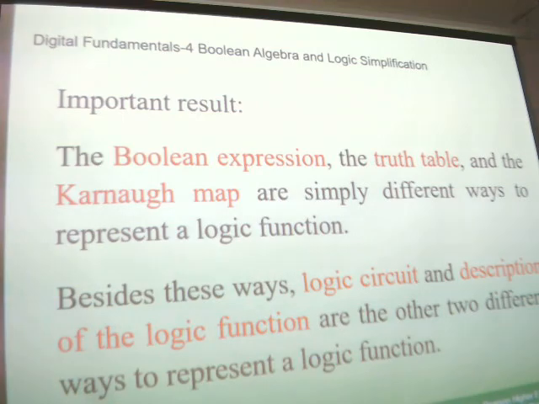The important point: the Boolean expression, the truth table, and the Karnaugh map are simply 3 different ways to represent our logical function. Besides these, the logical circuit and the description of the logic function are other ways to represent our logical function.